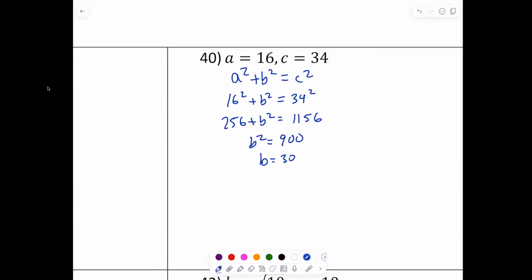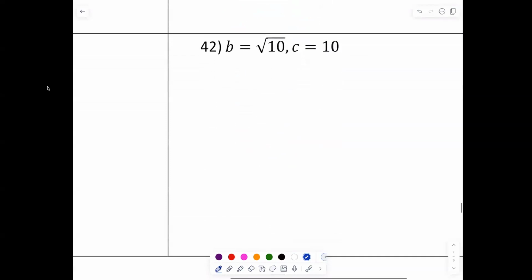Yes. Well, we did the square root of 900. Yeah, I just didn't put it on. You good? All right, here we go. Let's knock out 42. Again, a squared plus b squared equals c squared.